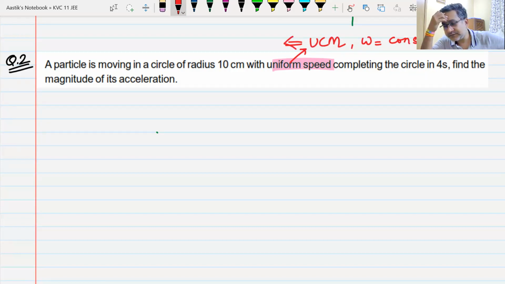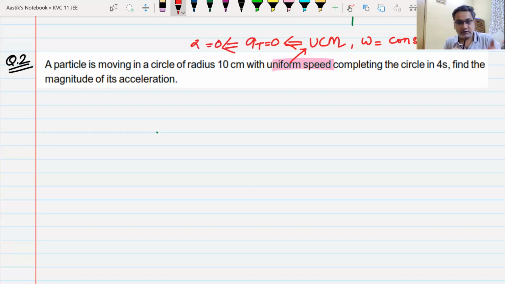What is 0? Tangential acceleration is 0, sir. Tangential acceleration is 0. That means your alpha is 0.